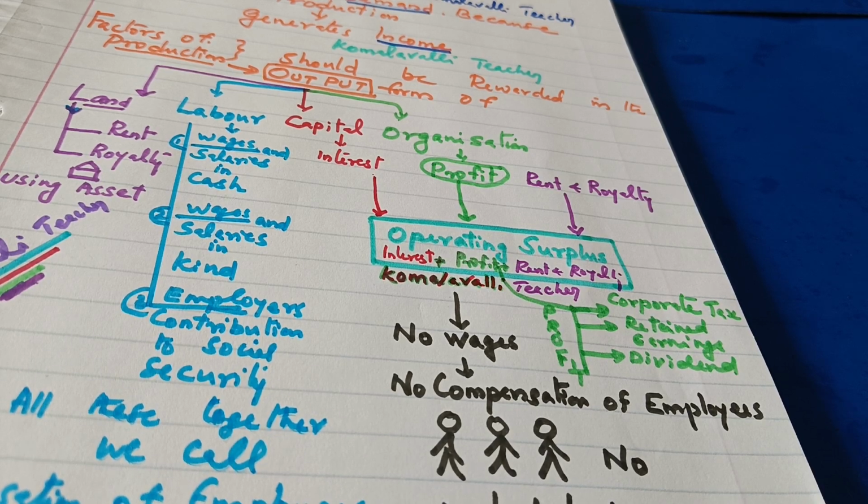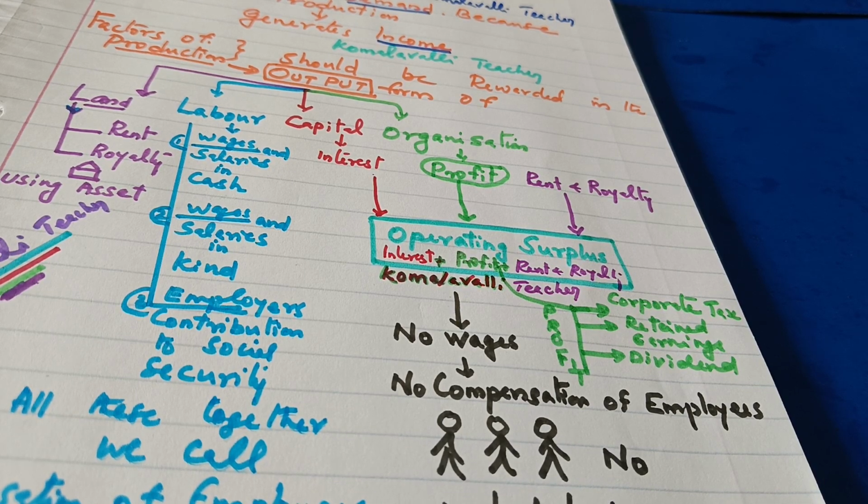And the organization or the entrepreneur should get the profit. Profit is also a reward for his work, like undertaking the risk or uncertainty, and also he is assembling land, laborer and capital. So for this he should be rewarded. That reward is known as profit. We call it normal profit.